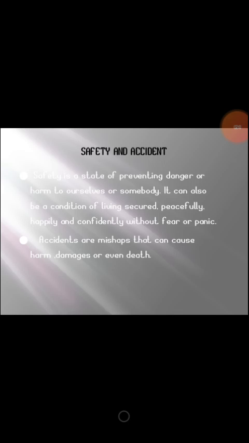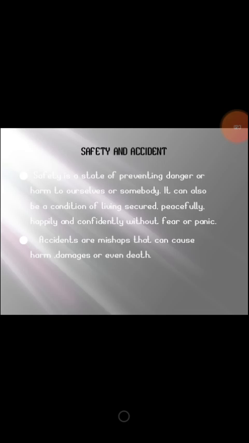For example, in the morning, we notice that Daddy will check his car before leaving the house. He will look at the engine, he will check the tires. What is he doing? He is simply applying safety.